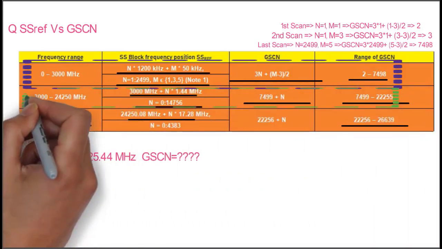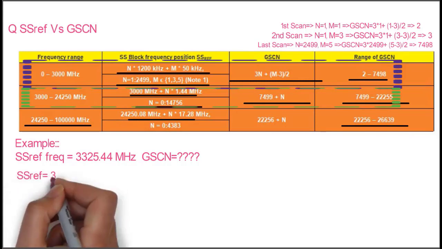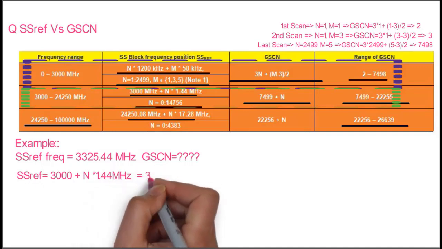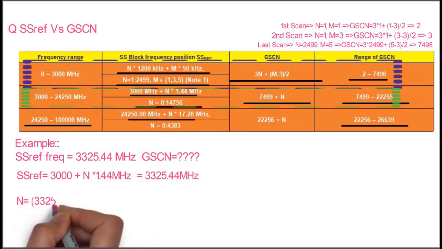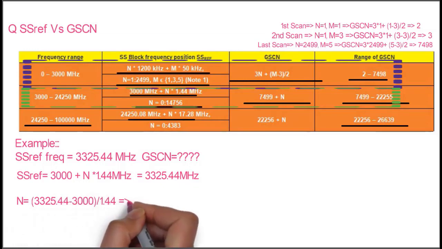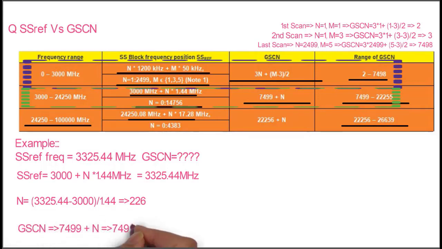So the formula is 3000 plus N into 1.44 equals 3325.44, and we calculate the N value, which is 226. The GSCN formula is 7499 plus N, so with N equal to 226 our GSCN value is 7725.